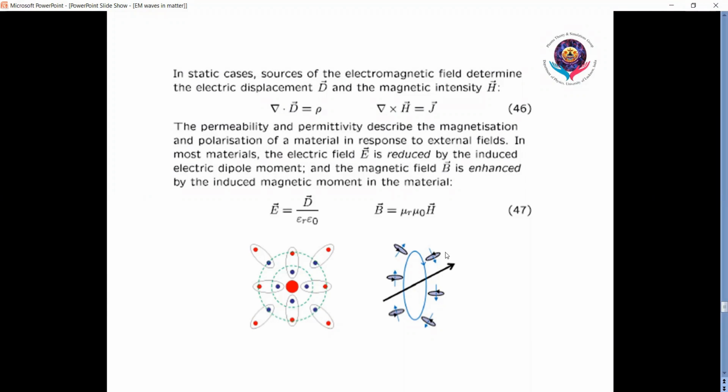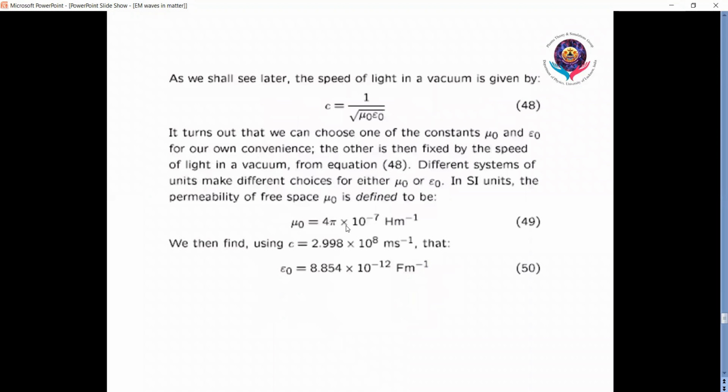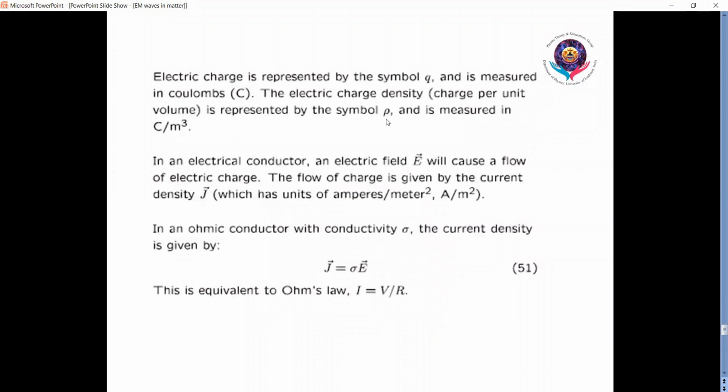These you have already studied, this expression. This is in terms of the displacement. The velocity of light in terms of mu 0 and epsilon 0 is expressed by this expression. You already know it. The current density is given as a product of sigma into E.